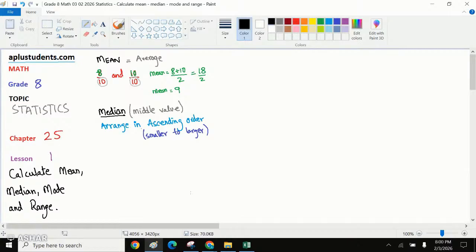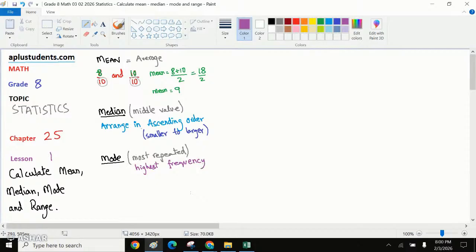Mode. Let's look at mode. Mode means most repeated. Or in other words, we can say highest frequency.